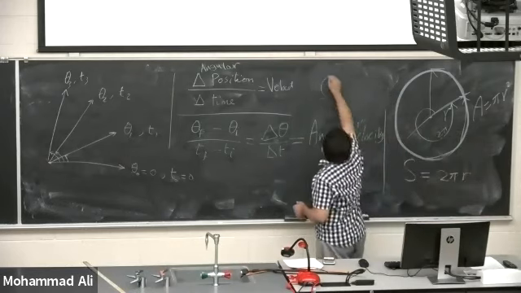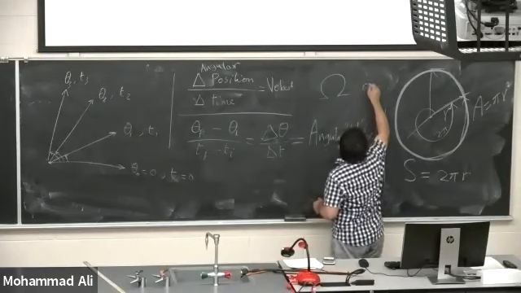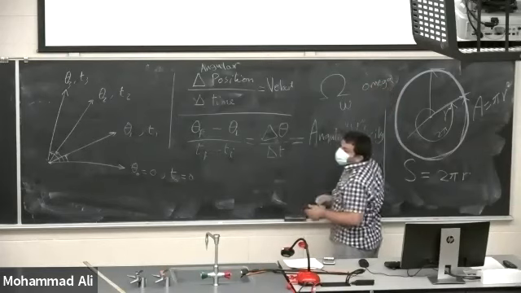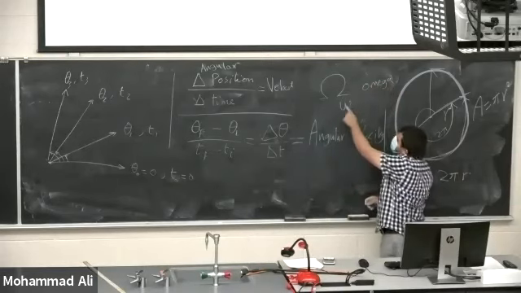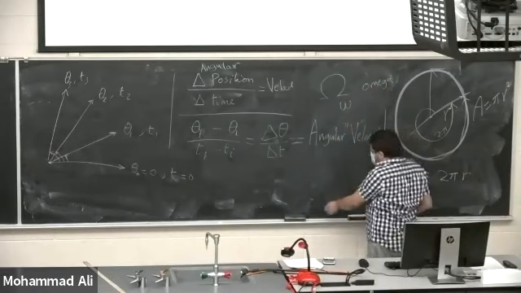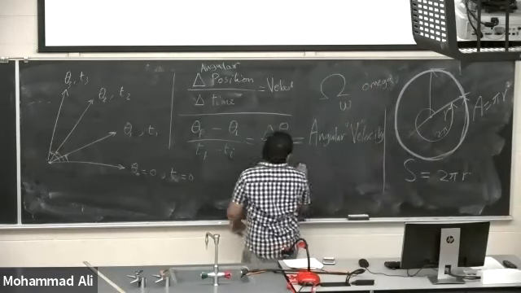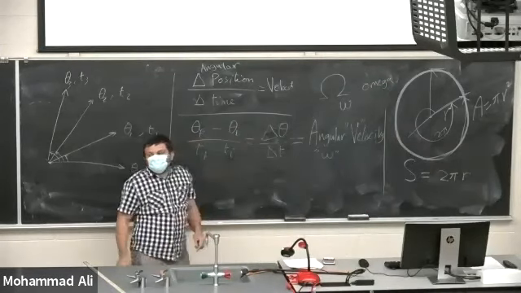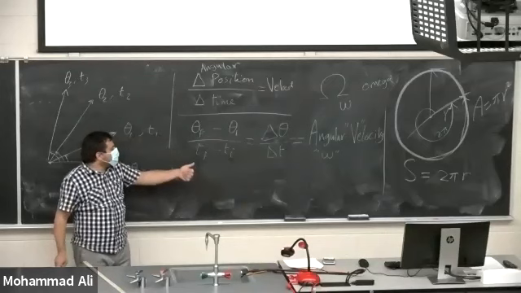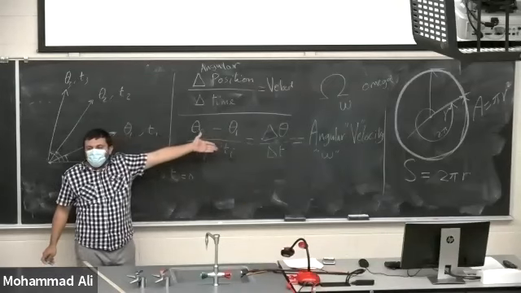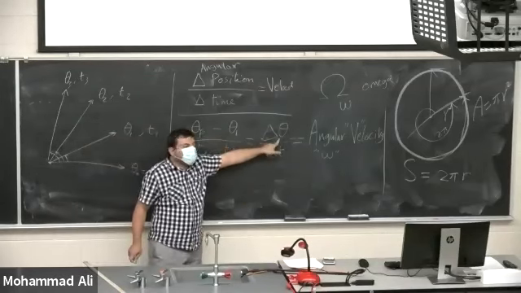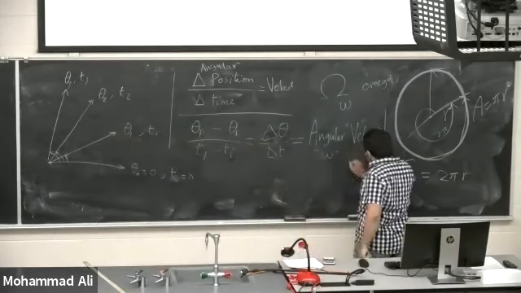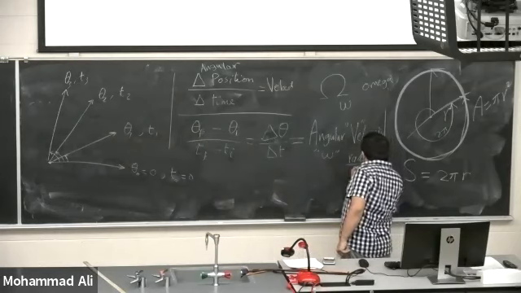We know this is the capital case of omega, but we will use this small w, it is omega. Okay, so the angular velocity is equal to omega. What is the unit of the angular velocity? We will look at the formula, theta in radians, time in seconds. So its unit is radians per second.